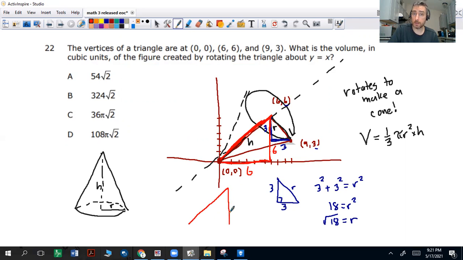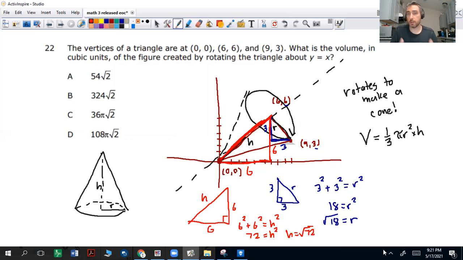So for your height, you're going to do another Pythagorean theorem. And you'll say 6 squared plus 6 squared equals your height squared. So 6 squared is 36, plus another 36 is going to be 72. So your height will be the square root of 72.